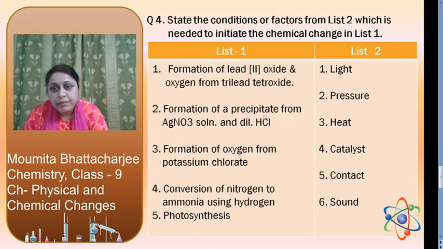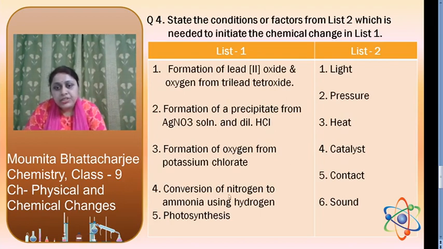Next one, formation of a precipitate from AgNO3 solution and dilute HCl. This needs close contact. Until you mix the AgNO3 and dilute HCl, they will not react. Next, formation of oxygen from potassium chloride is enhanced by the presence of a catalyst. The rate of reaction is increased in the presence of a catalyst.